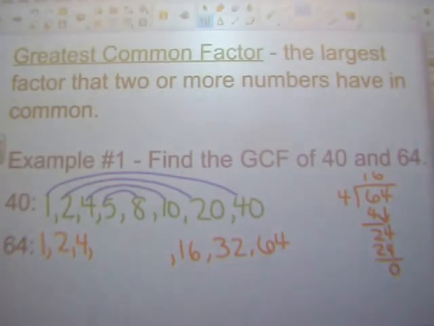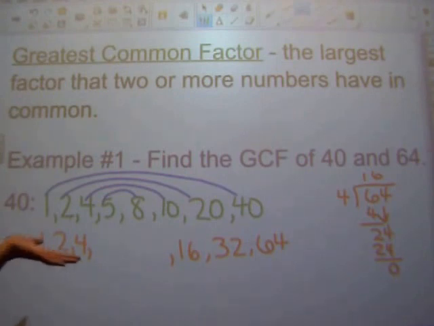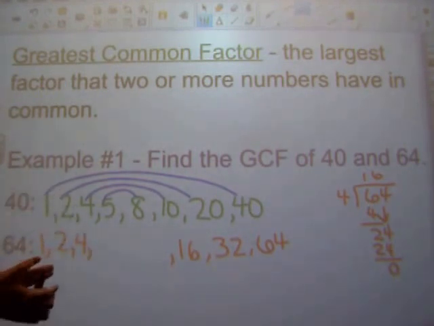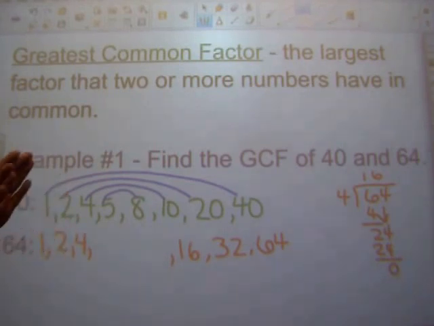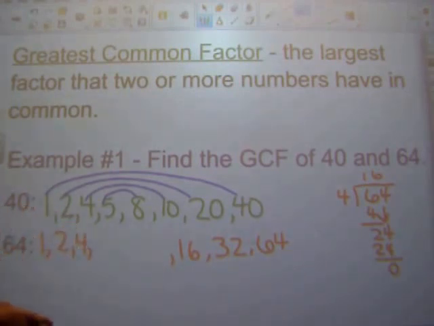It doesn't end in a 5 or a 0, so we know 5 is not a factor. 6 isn't a factor because 6 times 10 is 60, so 6 times 11 is 66, that doesn't work. 7 times 10 is 70, 7 times 9 is 63, so that doesn't work.